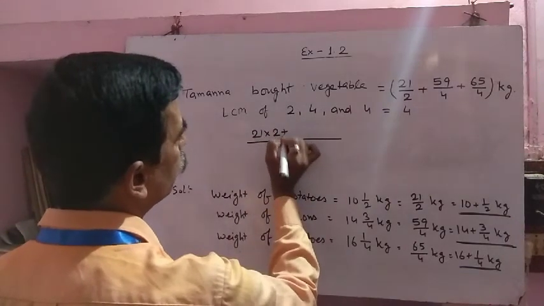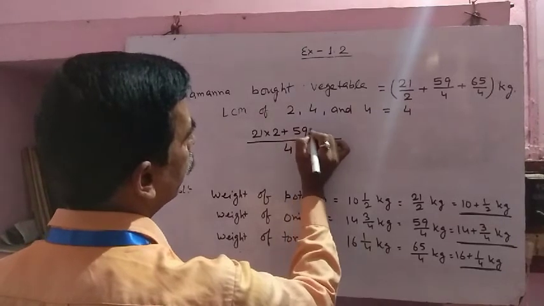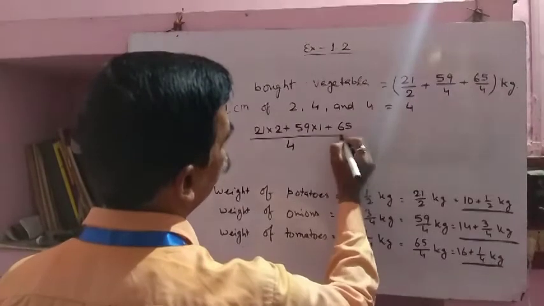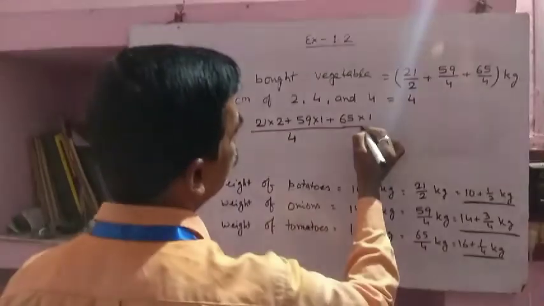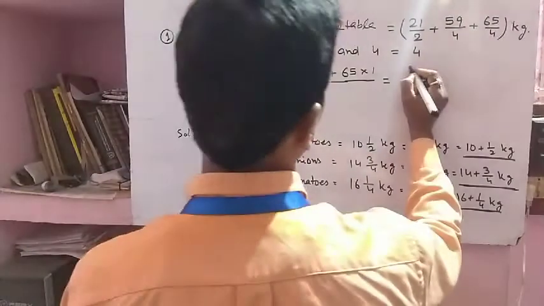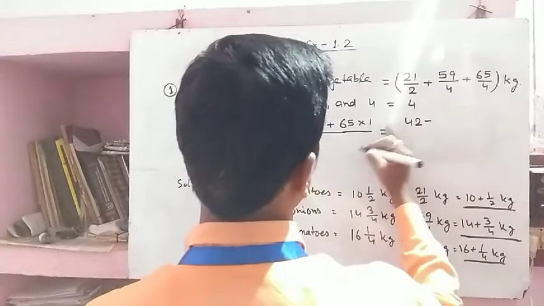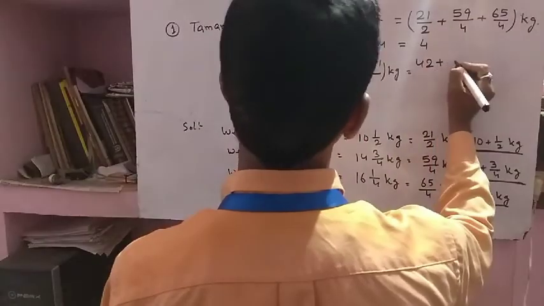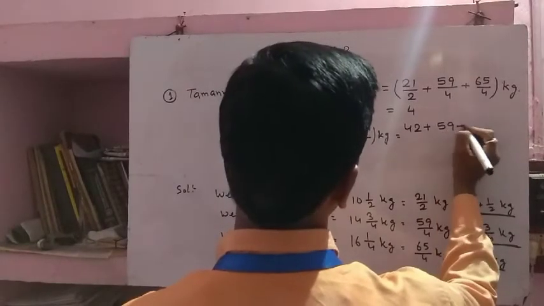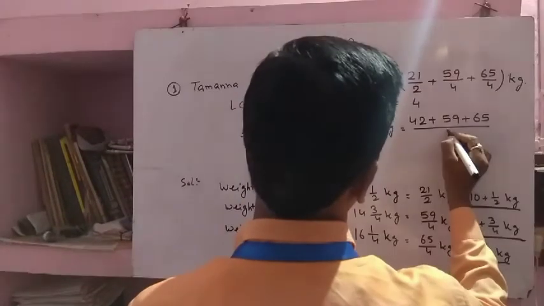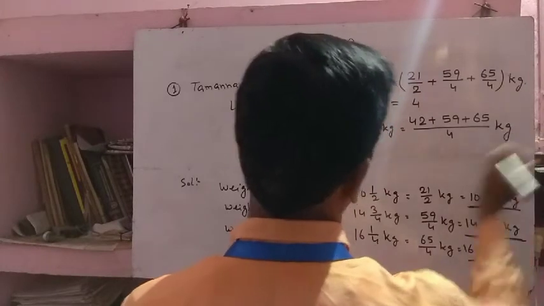So it becomes 42. 59 into 1, 1 times 4, plus 65 into 1, 1 times 4. So it becomes 42. You can write kg here also, is equal to 42 plus 59 plus 65 by 4 kg.